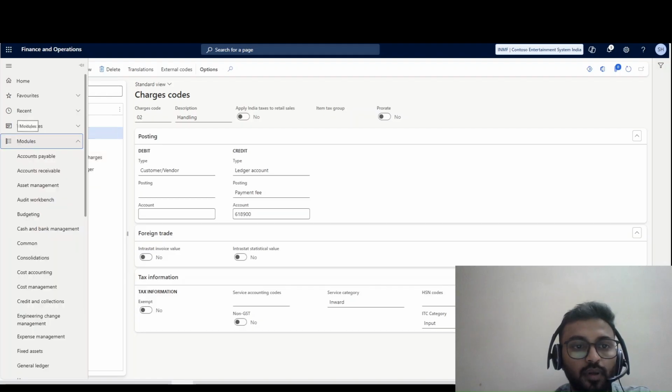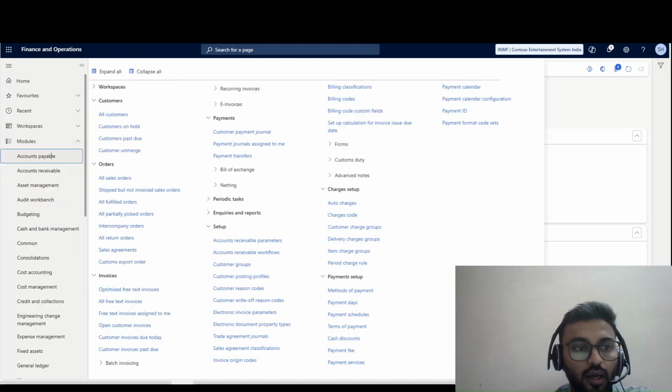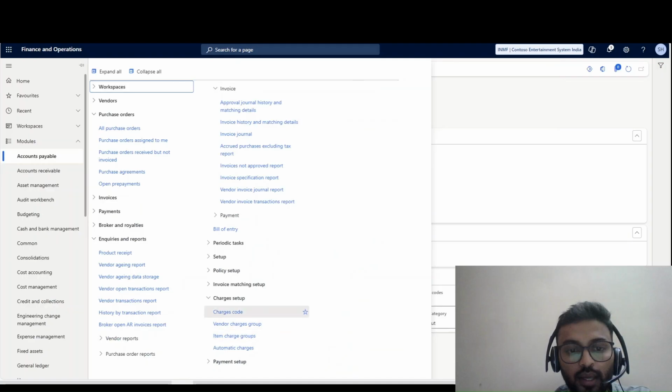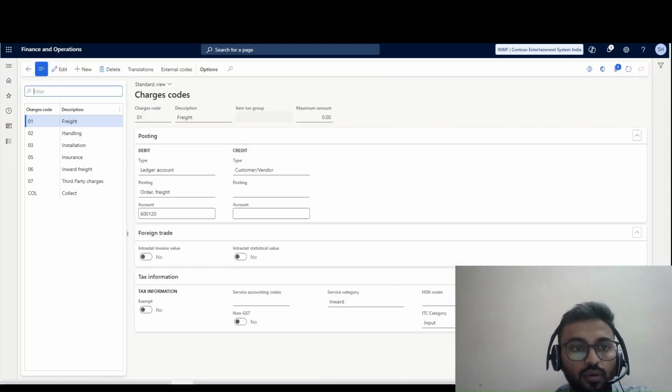Sorry, in the account payable module, I need to go to charge code. Yeah, so 01 account is also a ledger to customer and vendors. That means if it is going into the ledger, that is my external charges. This is also my external charges.